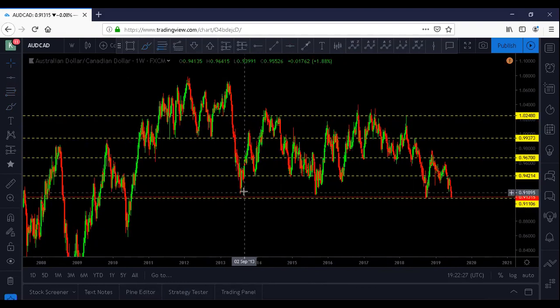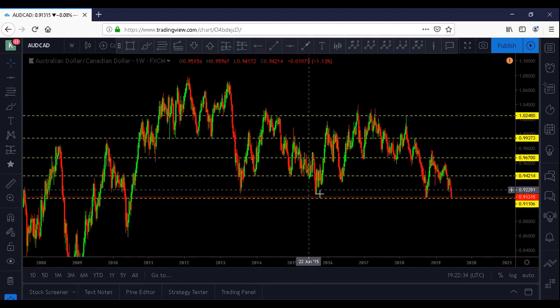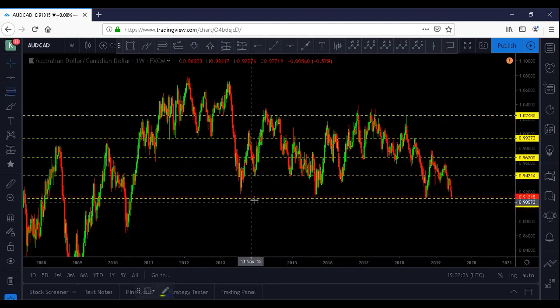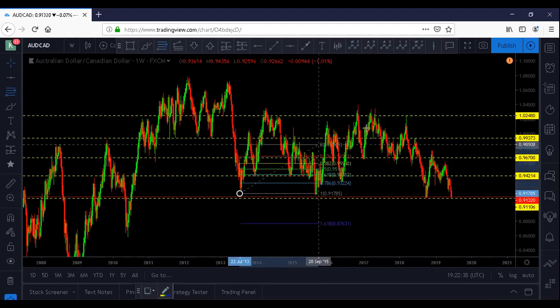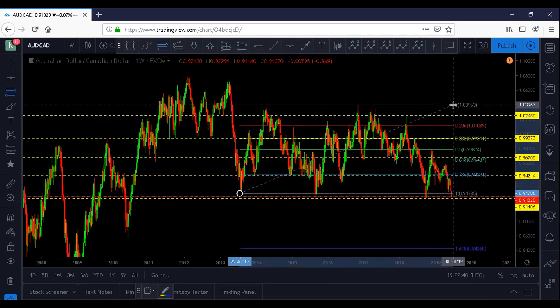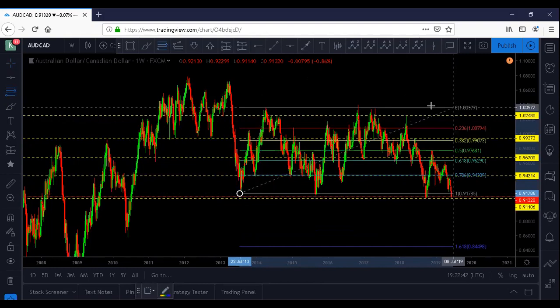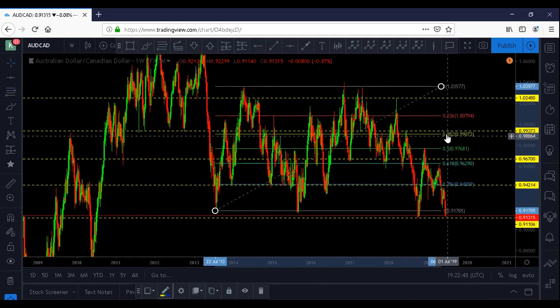I want to show you how it does it if you use a point that is higher than the current price action. If I pull it from there like this, it will give me almost the same points, but you can see they are slightly shifted. 38.2 is slightly lower.